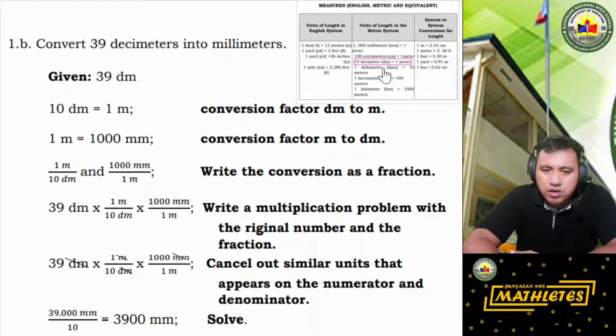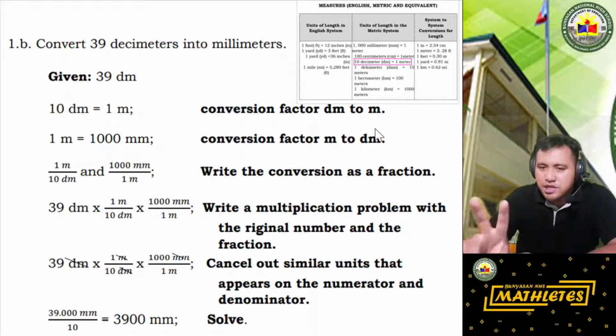Pero merong millimeter to meter. So, ito yung gagamitin natin. Dalawang conversion factor natin: mula sa decimeter to meter, then meter to millimeter. Meron siyang dalawang pagdadaanan na conversion factor.